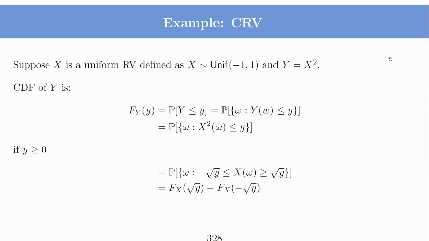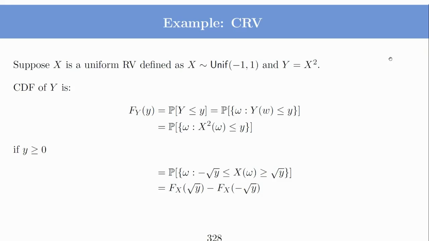The CDF of this new random variable X squared, or Y, is given by the probability that Y is less than or equal to small y, which we can say is the probability of the set of all those omega such that Y(omega) is less than or equal to small y.